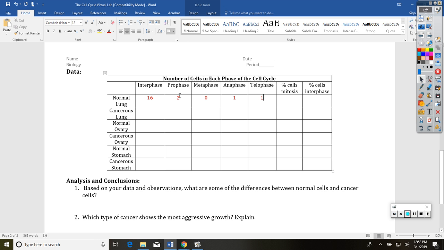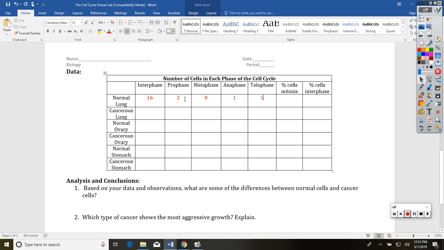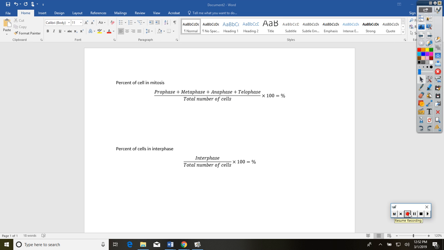So if I add up prophase, metaphase, anaphase, and telophase, I have 4 cells. Again, I'm dividing that by the total. So the total here, 16 and 2 plus 2 more, gives me a total of 20 cells. So for this row, I said that I had 4 that were in prophase, metaphase, anaphase, telophase, divided by a total of 20 times 100, which gives me 20%.